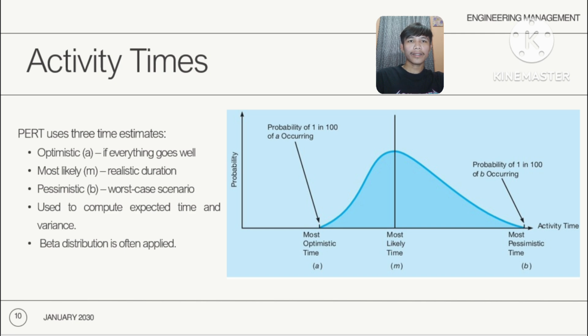Most likely means the realistic duration that is expected to occur most often. And lastly, pessimistic means the time required in the worst case scenario. These three estimates are used to calculate the expected time and variance for an activity, often applying the statistical approach called the beta distribution. The expected time is often calculated using the formula.